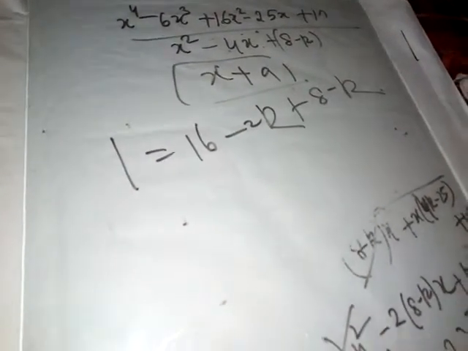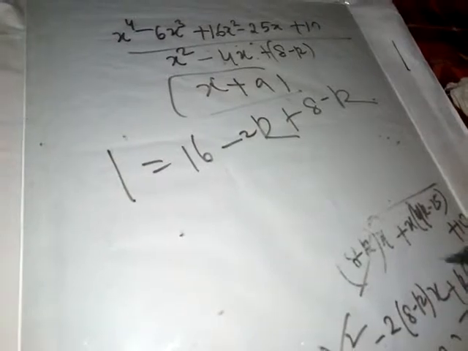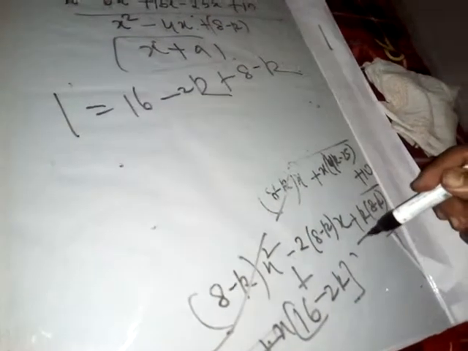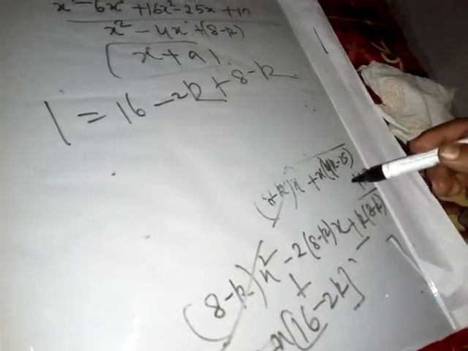Is that fine? What was the step just before this one? We are getting 16 minus 2k, we had some 25 thing, right? So we had a 25 here.